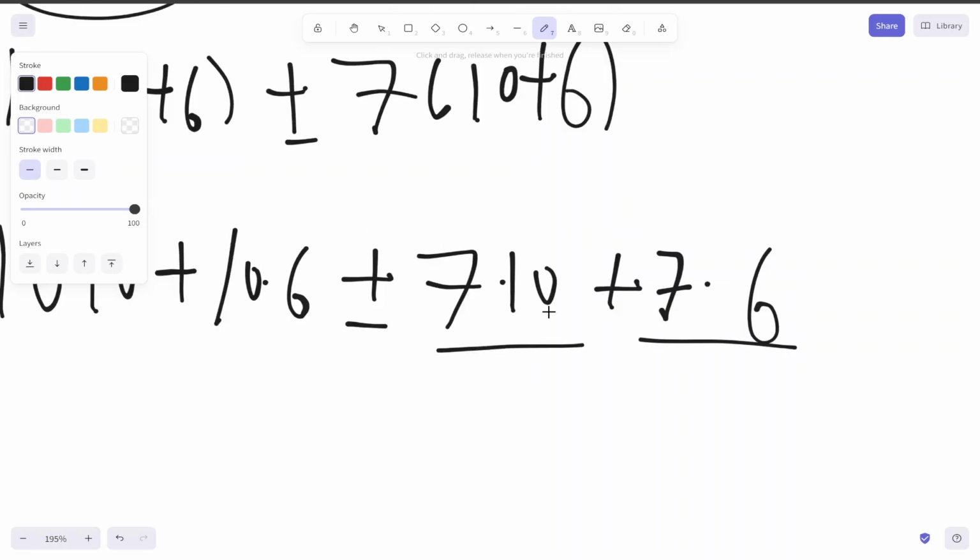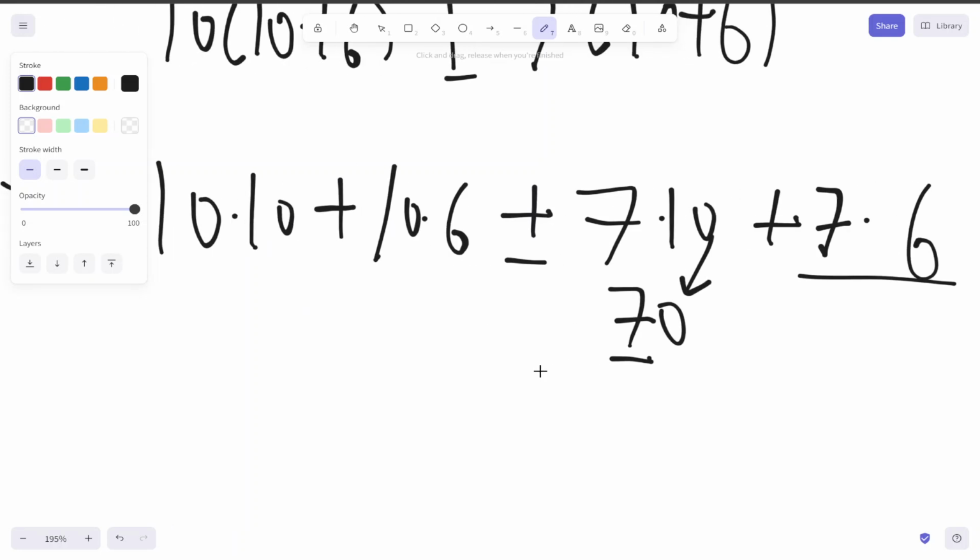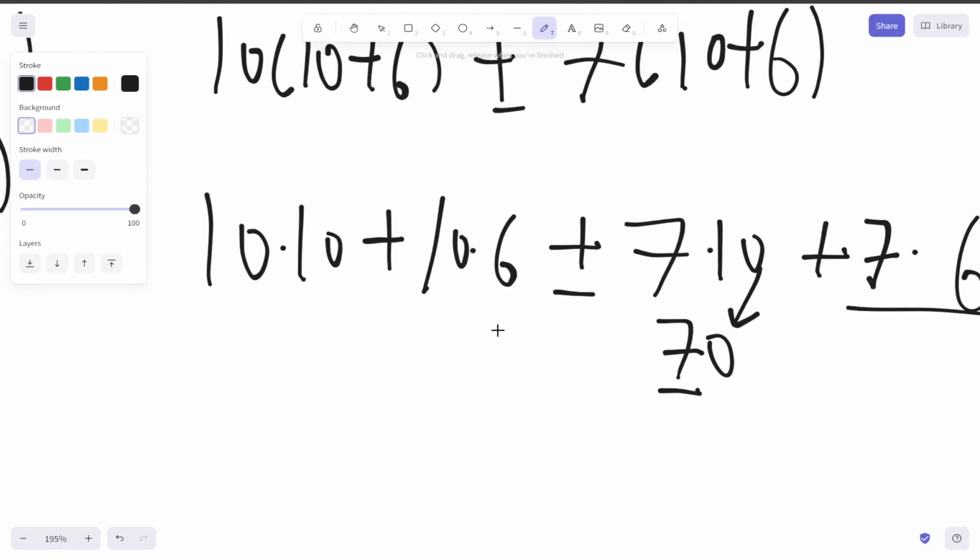And 7 times 10 is effectively just 7 times 1 with a 0 tagged on at the end, so that will be 70. And 10 times 6 is effectively computing 1 times 6, so we get 6 and 0, which is 60.